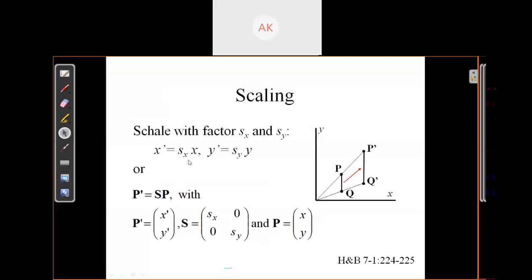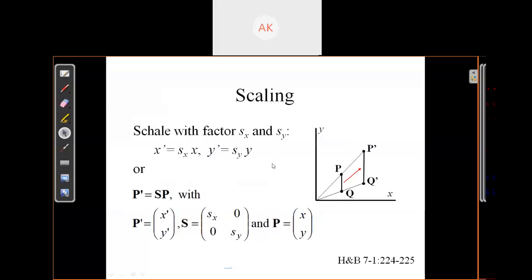In these two parameters, sx and sy are the scaling parameters. When this is given, there is one line and we are scaling up with the scaling parameters sx and sy. Our fixed point, the point at which we are applying this scaling, is our origin again.